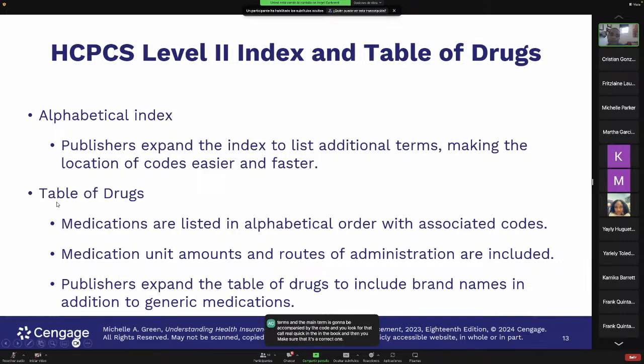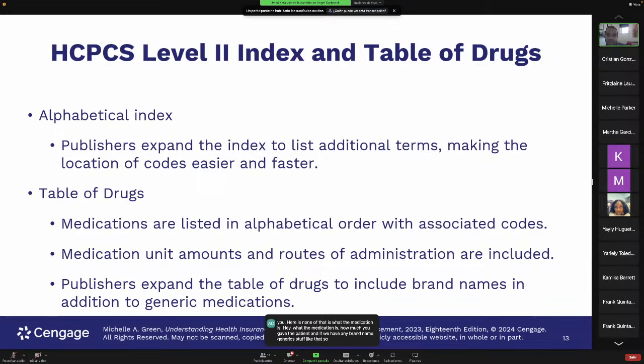Table of drugs. So in this case, it's different from the tables in the ICD, where we have tables for cancer and for medications or chemicals, in the ICDs for a diagnosis. So did you take this medication on purpose? Did you take it by accident? Did someone force you? Here it's none of that. It's what the medication is, how much you gave the patient, and if we have any brand name, generics, stuff like that.